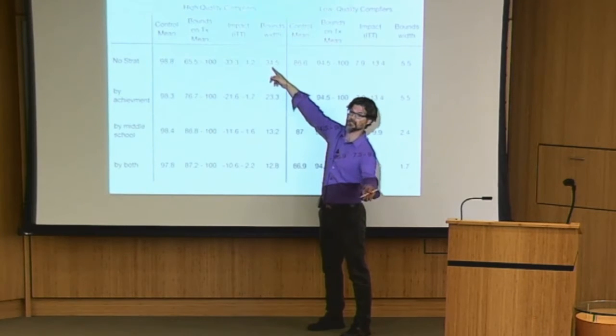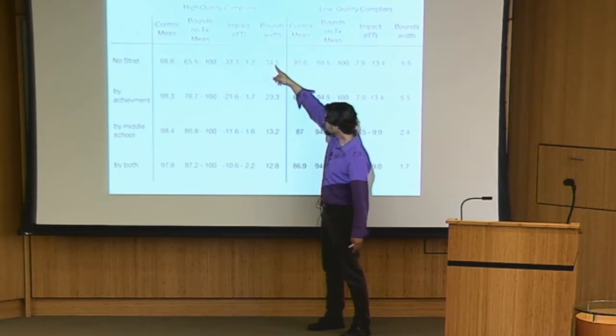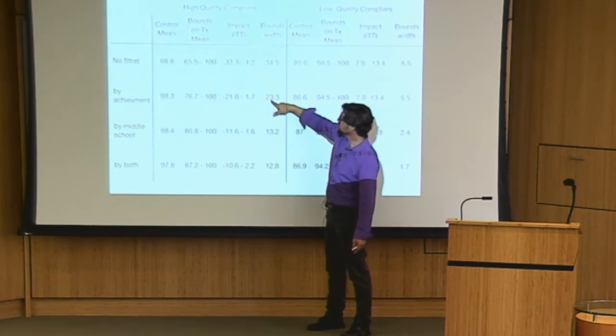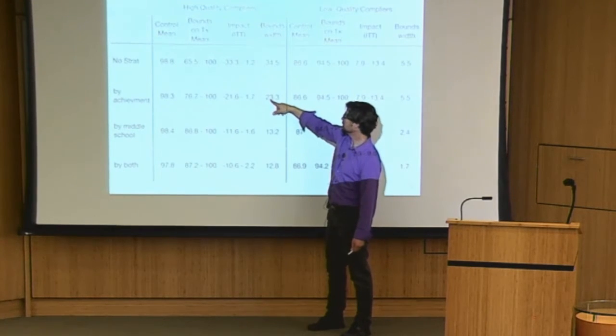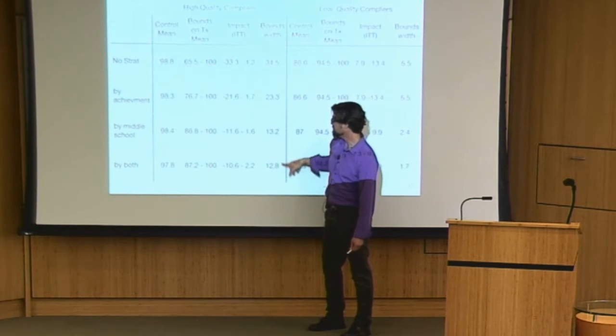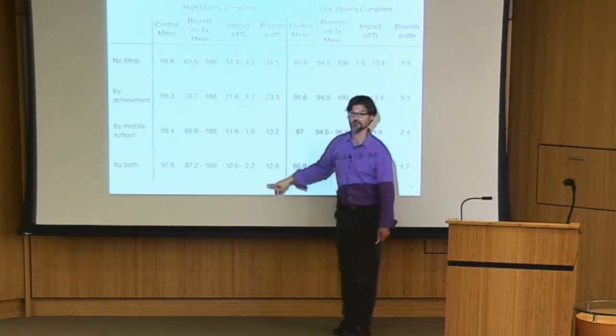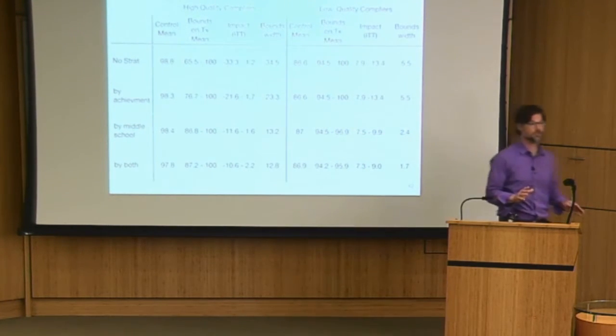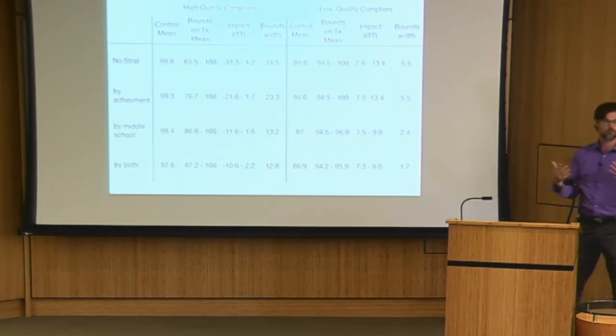You remember it was like negative 33 to 1. When we used 8th grade achievement, it dropped to 23%. If we used middle school, it was 13%, and then when we used both, it was basically still 13%. So there's slightly different stories here, but the winner is still both, like exploit all the information you can.